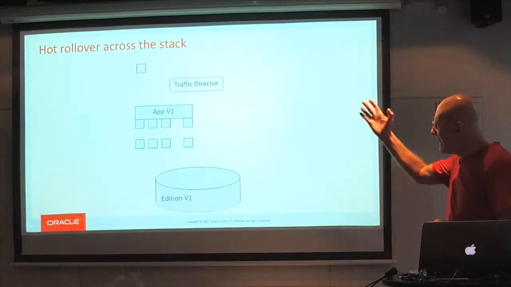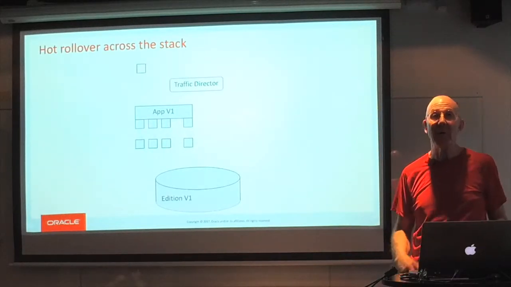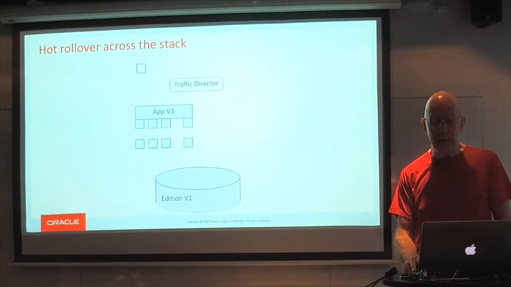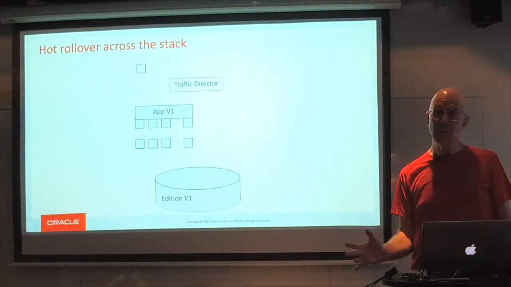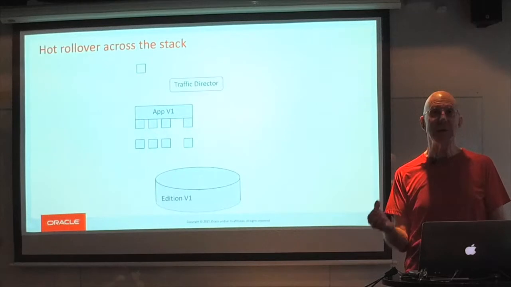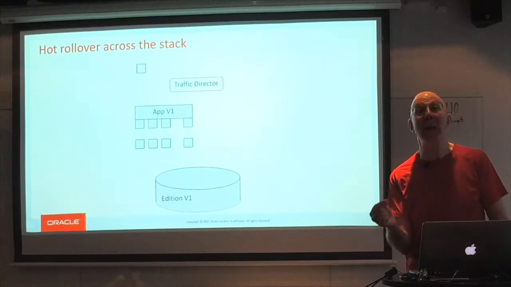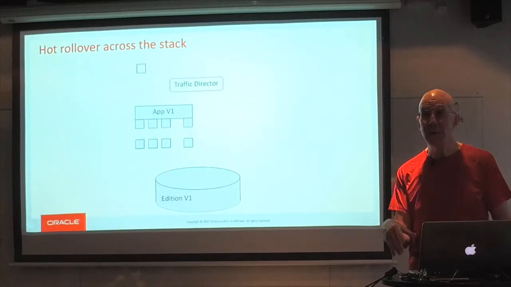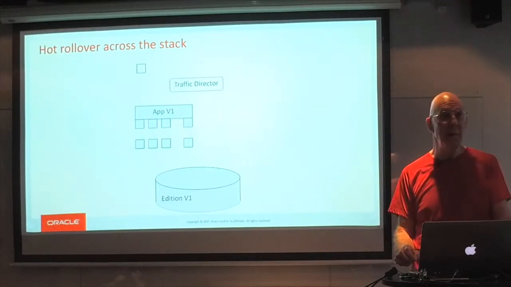Yes. So in this scheme, there's one extra ingredient in that first initial sign-on. I'm going for simplicity to say that this traffic director component subsumes the task of authorization and determining which version of the application to send you to. Of course, that's a trivial choice at the moment. There is only one.